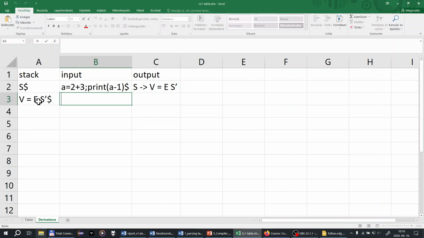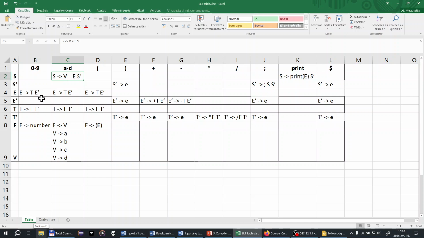Okay, for the E and E, so we have an E at the input and we have an E at the top of the stack. We have the derivation E to TE prime.